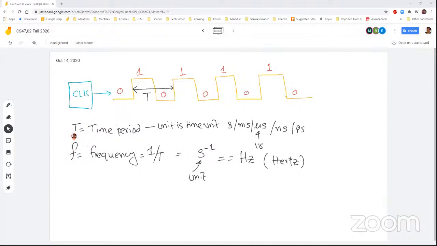Or if we know the frequency, then we can derive the time period. It's just a simple mathematical operation of reciprocating it and converting into different units, right? So far any question?